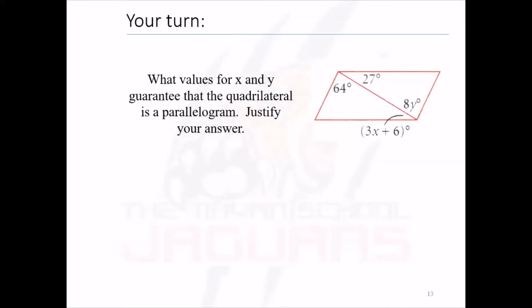I notice that if I extend this a little bit, and let me use another color, green, to extend this side and this one, these two sides are intersected by the line in blue, so this would be a transversal, the one in blue. So if you remember, this is a transversal.